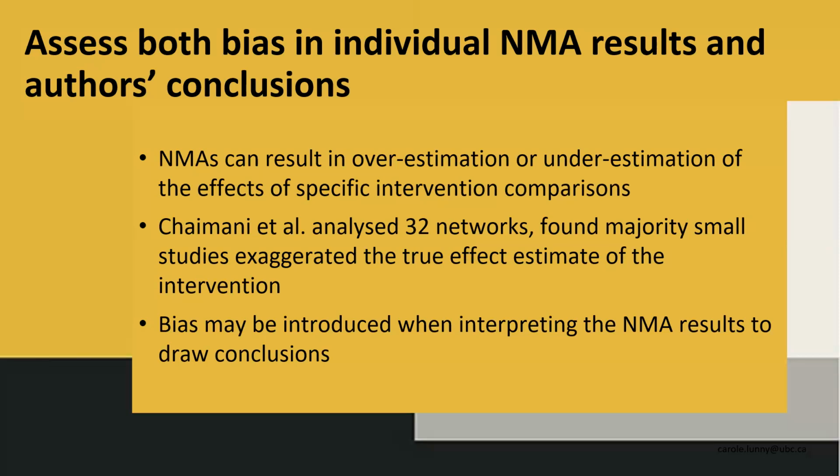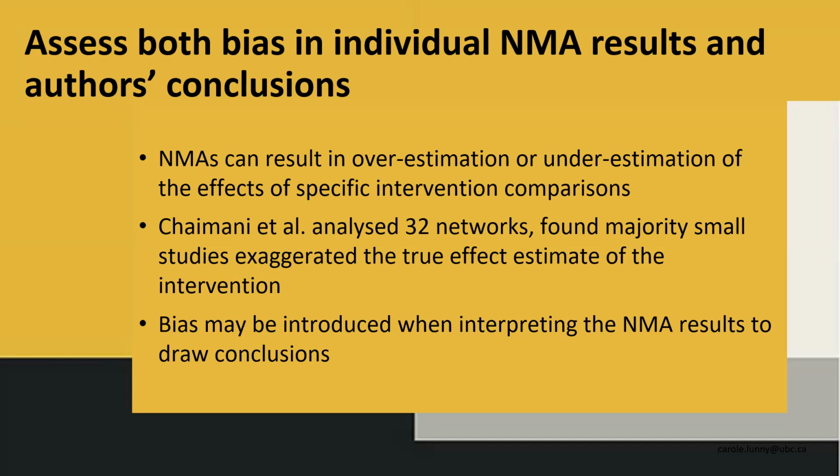So our tool will focus first on identifying bias in the results of a single NMA. Bias can also be introduced, though, when interpreting the NMA results to draw conclusions. Conclusions can include something like spin, which everybody's heard of, which is, for example, biased misrepresentation of the evidence, perhaps to facilitate publication, or erroneous misinterpretation of the evidence, because they made a mistake.